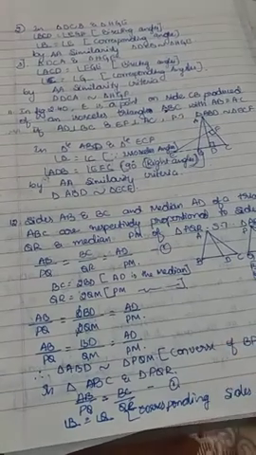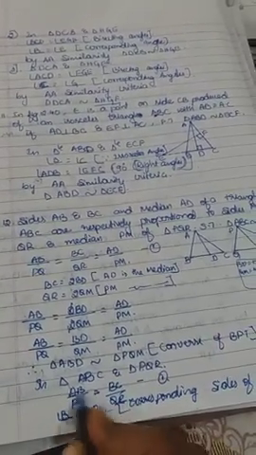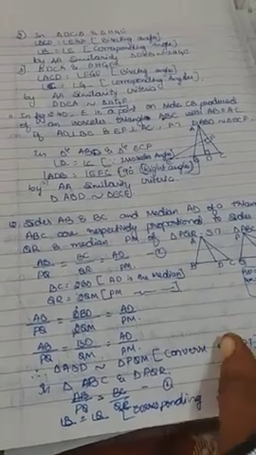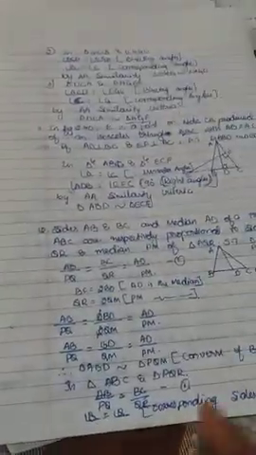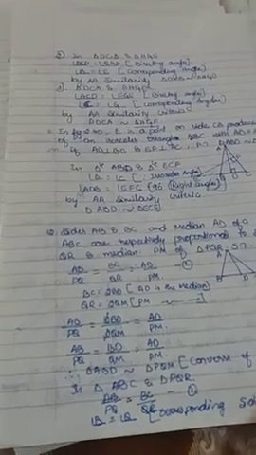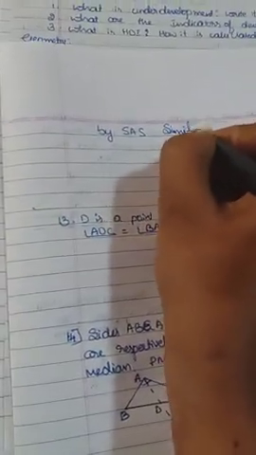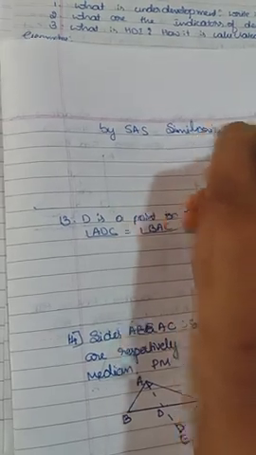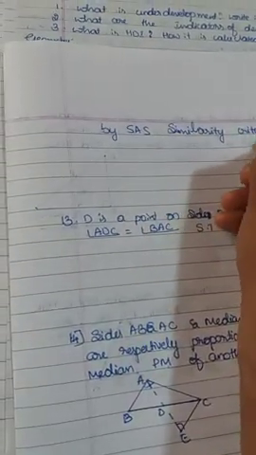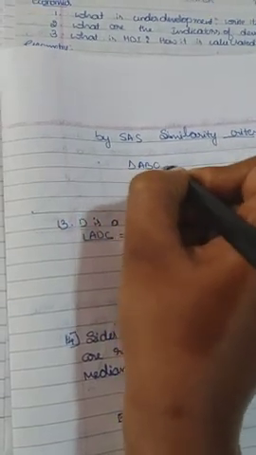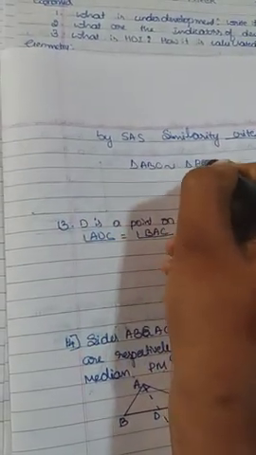So now we can write the two sides are equal, right? AB equal to BC and PQ equal to QR, and angle B equal to angle Q. So two sides and one angle, by SAS similarity criteria, we can write triangle ABC similar to triangle PQR.